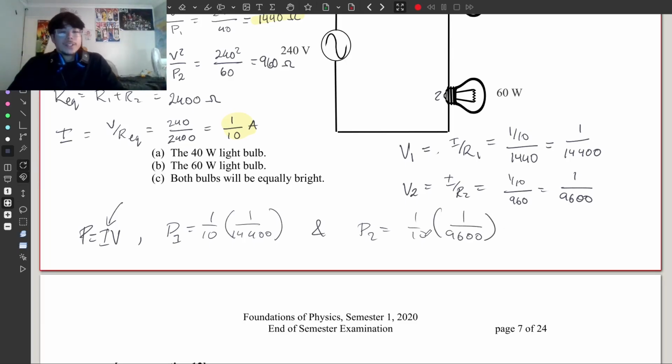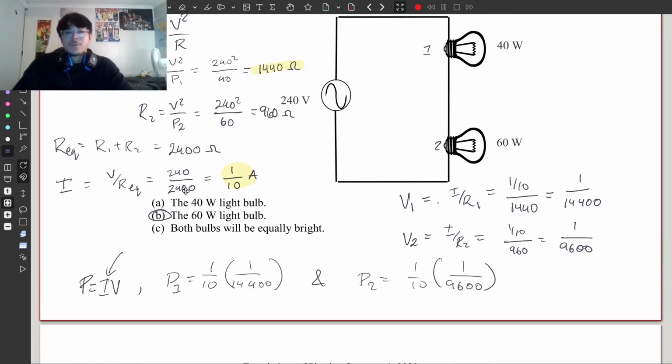We can see that P2 will be a larger number than P1, because 1 on 14,400 is smaller than 1 on 9,600, so our answer is going to be B.